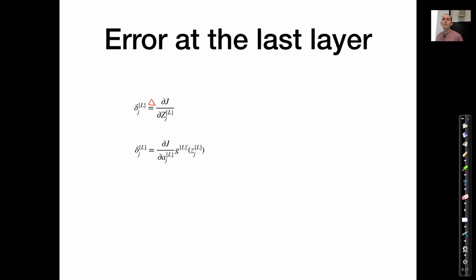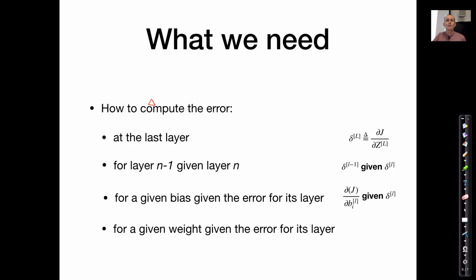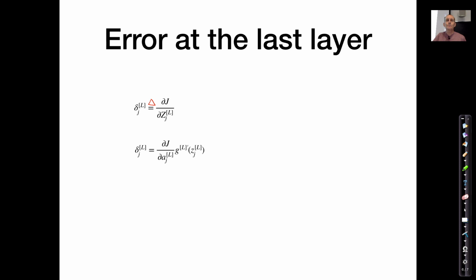I'm sorry, back up a second. Right now we're not deriving it. Right now I'm going to give it to you, and we'll derive it a little bit later. So this is how we calculate it.